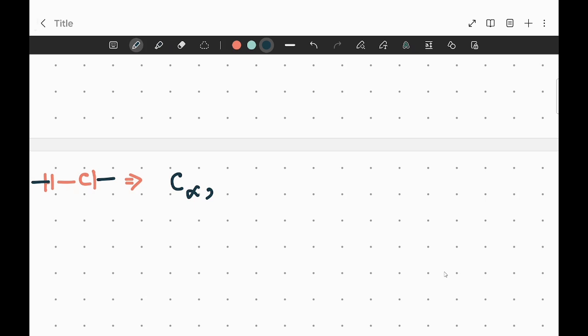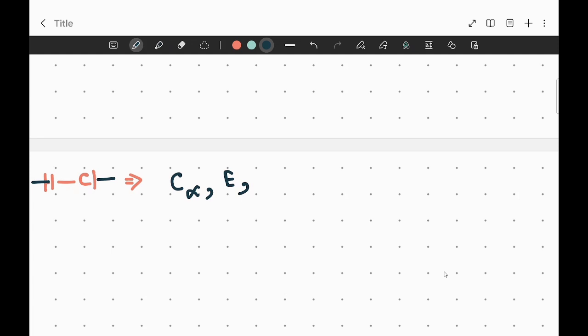After C infinity, E is there. In any molecule, E should be there; that is trivial. Molecular plane: along this direction, containing the molecular axis, a molecular plane will be there.